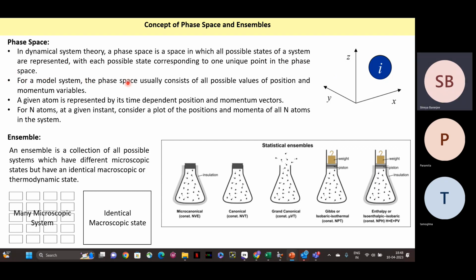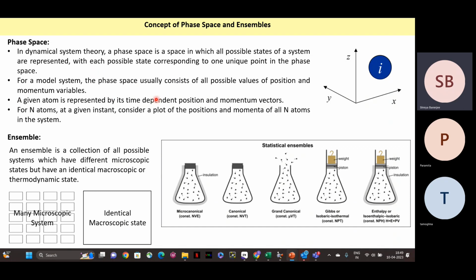For a model system, the phase space usually consists of all possible values of position and momentum variables. So we saw in the previous slides that using Newton's equations of motion, you will be able to find the position and momentum of a particle at a certain time. So all these position and momentum variables of all the particles constitute the phase space.